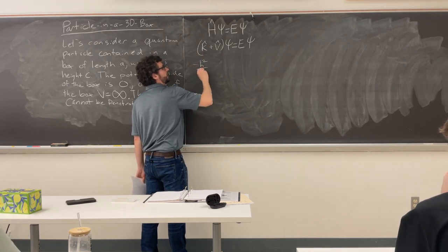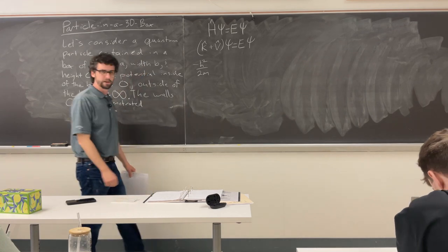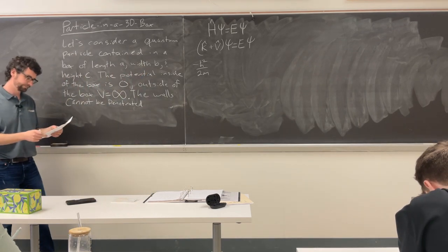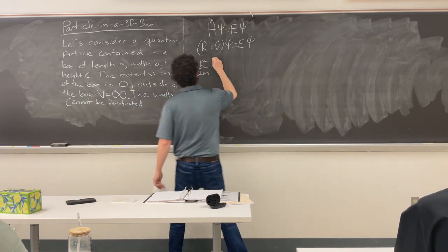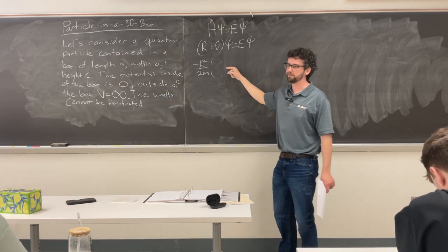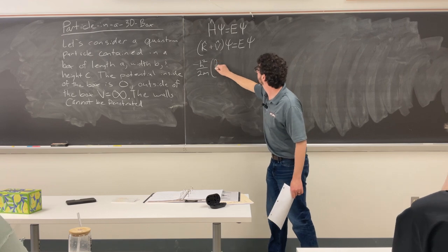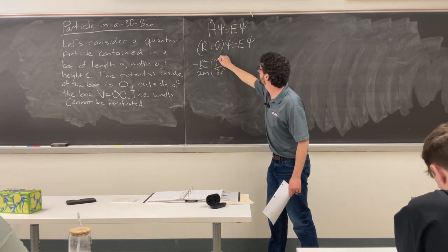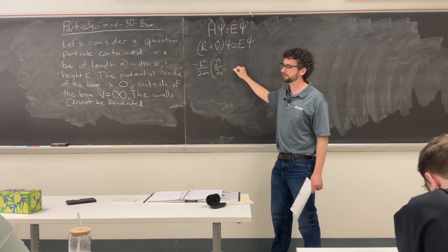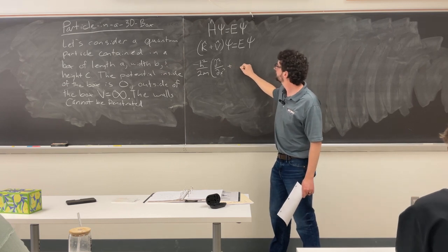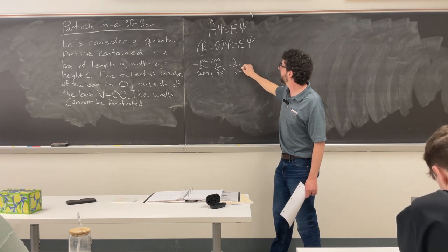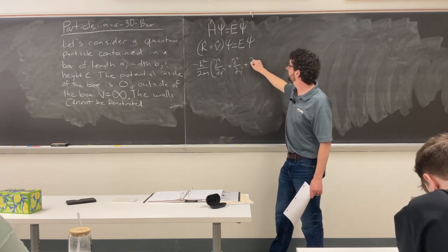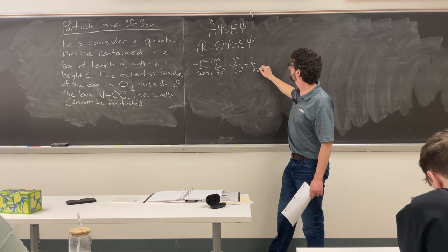We have h bar squared over 2m. How many dimensions do we have now? 3. Okay. With the 1D system, what did we have here? Yep, with respect to x, what do we need in this case? Yep, all of them. So y, and then finally z.